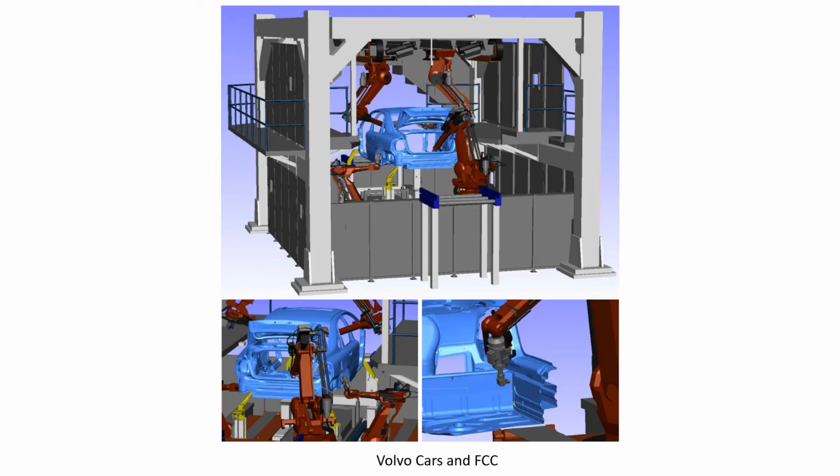The automobile industry uses robotic manipulators very frequently, and these manipulators require motion planning algorithms to help them out. Now, in this example, where a Volvo Cars scenario is simulated, you can see that multiple robots are doing their job on one car.